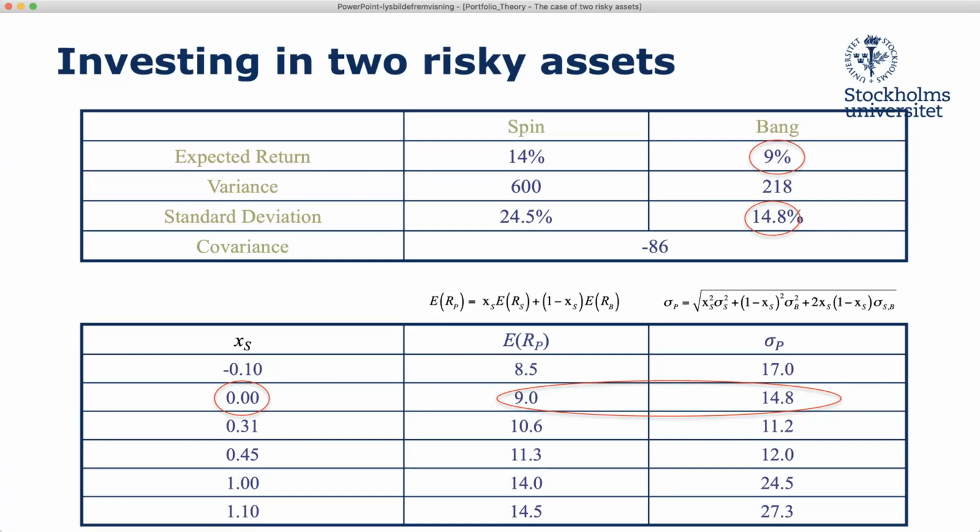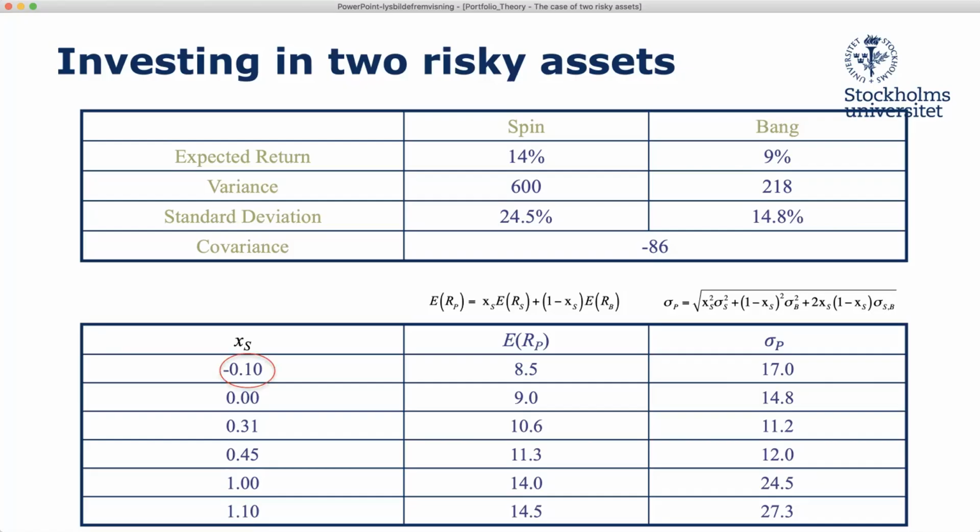Another possible choice could be a weight on Spin equal to 1. This implies a trivial portfolio where all our wealth is going to Spin. The expected return and standard deviation of the portfolio are just the ones of Spin in this trivial case. Another portfolio can be obtained by setting the weight on Spin equal to minus 0.1.